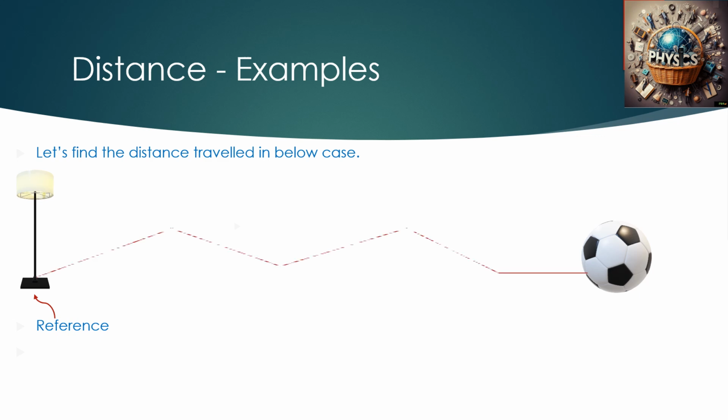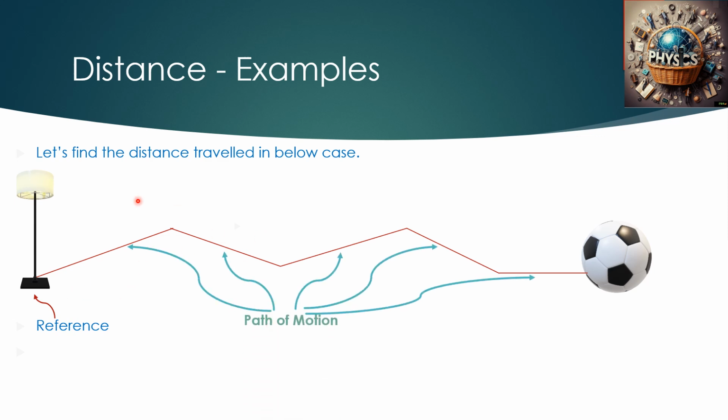So in this case, if we try to estimate the trajectory, it would be something like this. All right. And as per the definition, these are the different paths of the trajectory that the ball has traversed through.